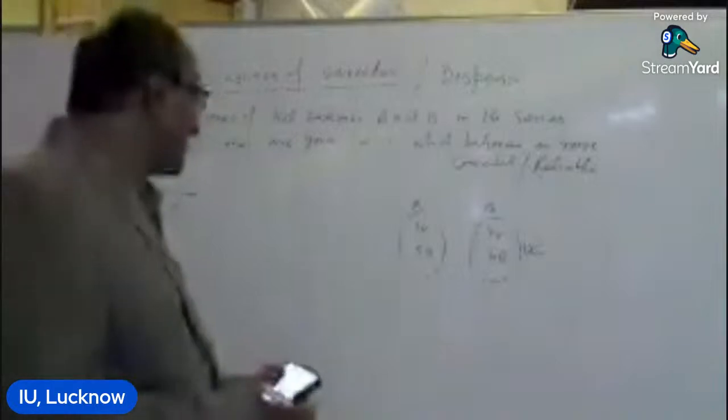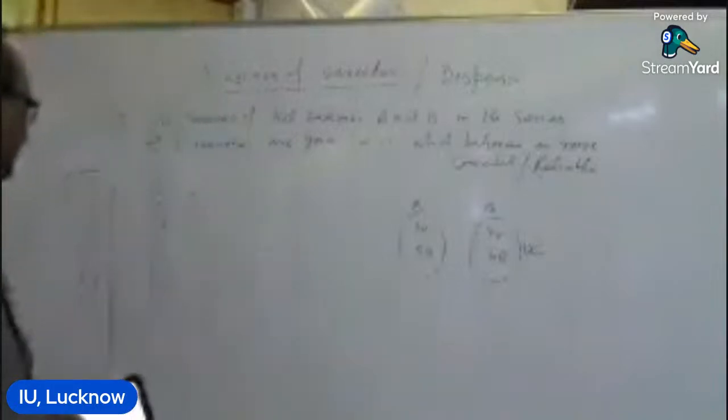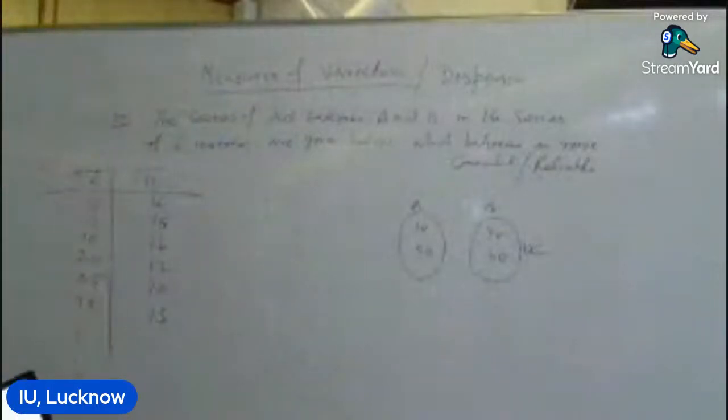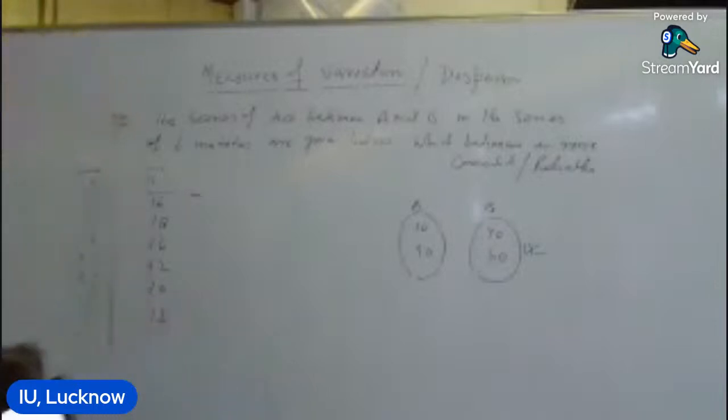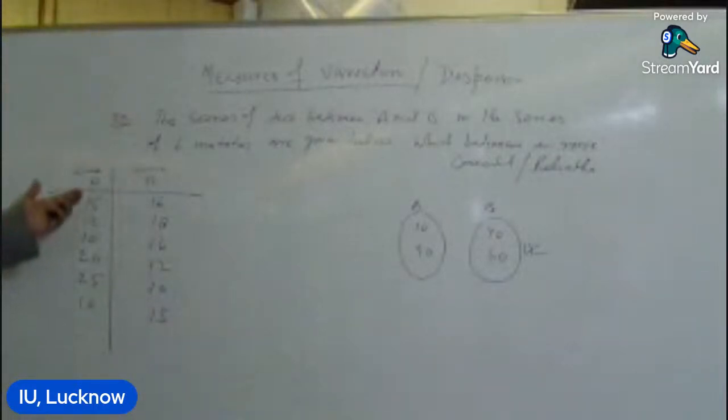So for this example we will use relative dispersion or relative variation, which is given in terms of the standard deviation. So we will use the coefficient of variation.